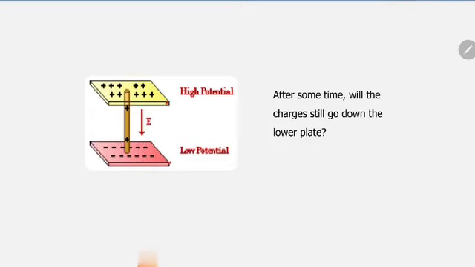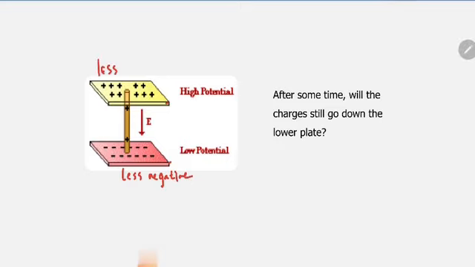So after some time, will the charges still go down to the lower plate? What do you think will happen after some time? Because every time a positive charge leaves the upper plate and goes down to the lower plate, this becomes less negative, diba? Kasi babalansehin siya ng mga positive charges that are coming in.